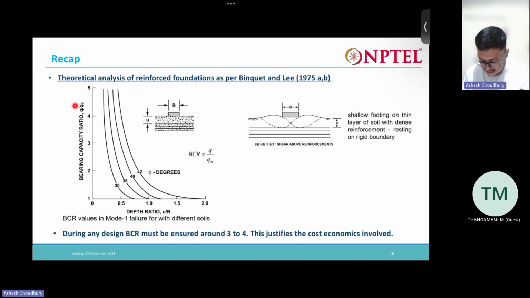So here you can see that for the first mode of failure, the bearing capacity for the soils with different phi can actually be obtained from this graph.